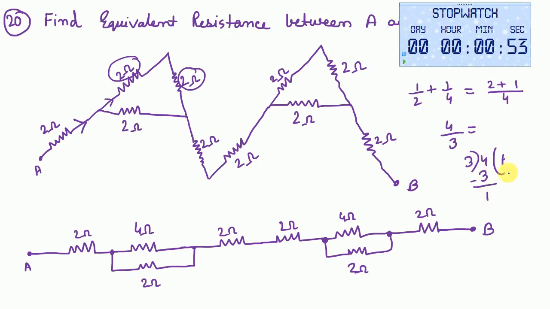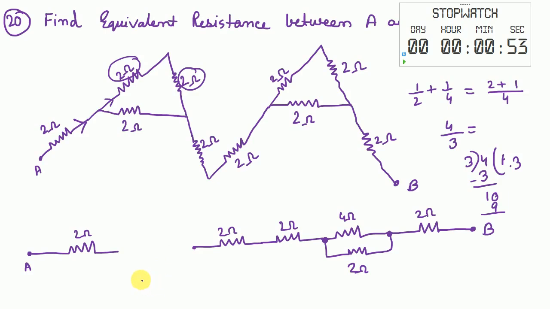Clear or not clear? 1 by 2 plus 1 by 4, here we get 2 plus 1 over 4, so 4 by 3, that is 1.3.